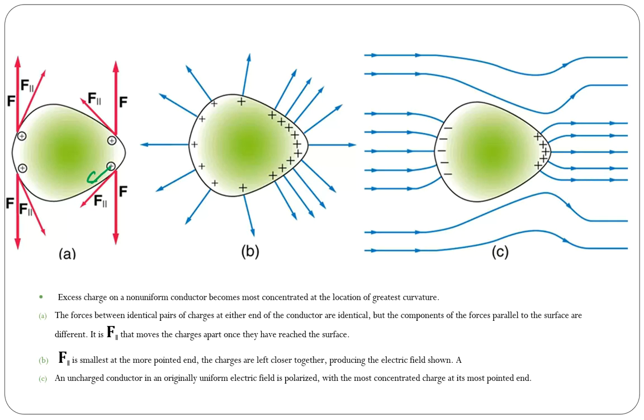Because it's a conductor, the charge is free to move, so it's going to move. So that electric field would not be something you could have in equilibrium. You could have it in a transient case. We're doing what we call electrostatics, so everything's going to be in equilibrium. And in equilibrium, you can't have an electric field in any direction other than straight out or straight into a surface, i.e. normal to the surface.